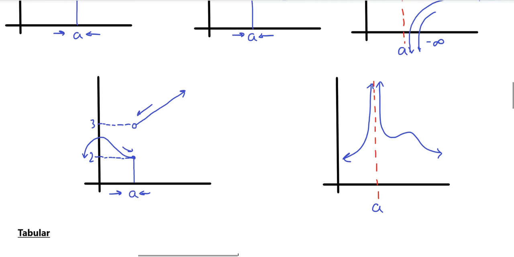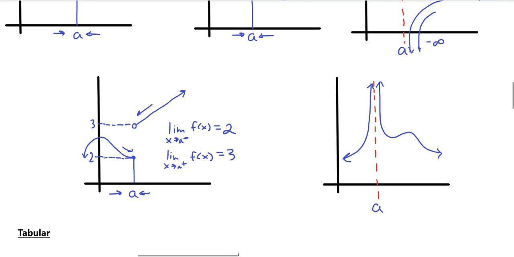So again, we have a situation where our left and right-hand limits don't match up. The limit as x approaches a from the left of f of x equals 2, but the limit as x approaches a from the right of f of x is 3.